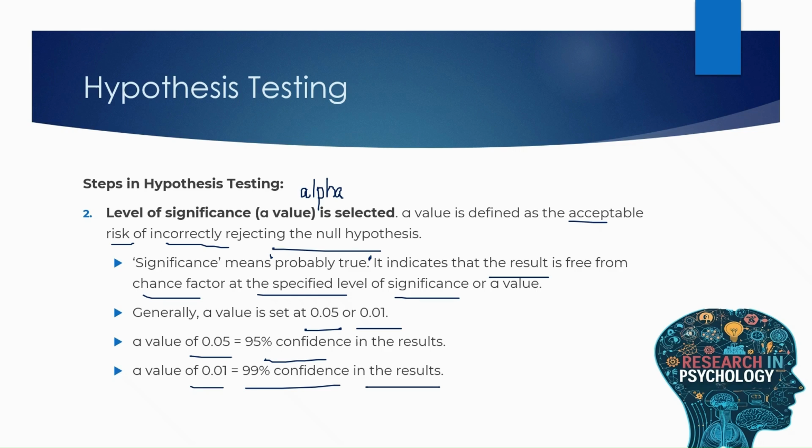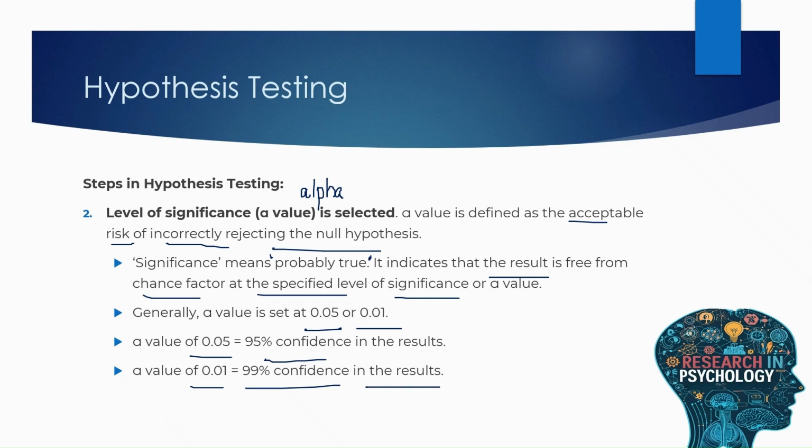All right. Now, why do we take 95% and 99% and not 100%? This is because when we are working with human participants, it's very difficult to achieve 100% accuracy, because we are all subjective individuals. So we take a chance that there is a 1% or maybe a 5% chance that the results are due to probable chances or some error or mistake.